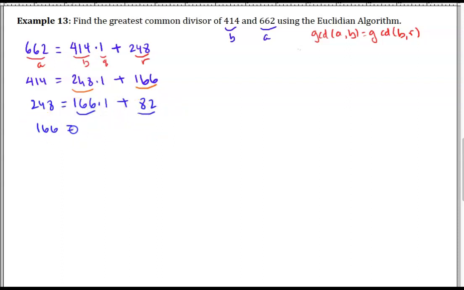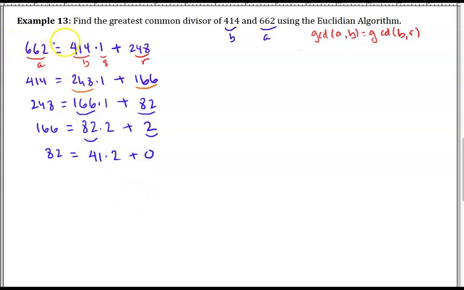So 166 divided by 82 goes twice, with a remainder of 166 minus 82 times 2, which is 2. So we're going to say 82 divided by 2 is 41 times 2, with a remainder of 0.